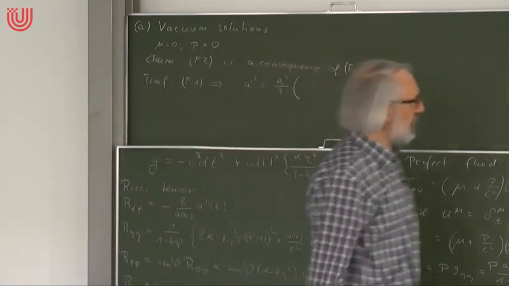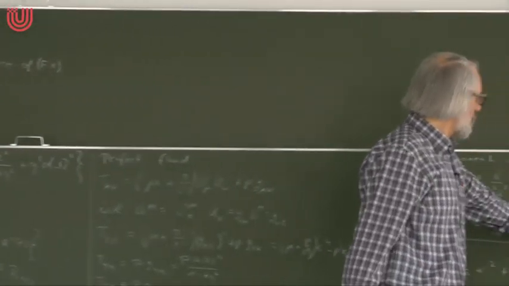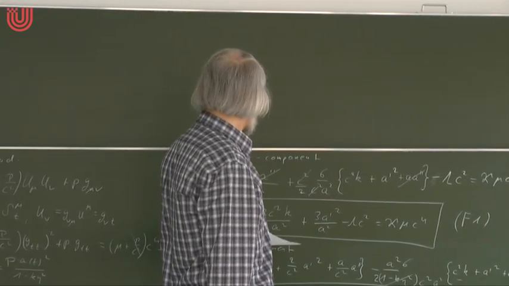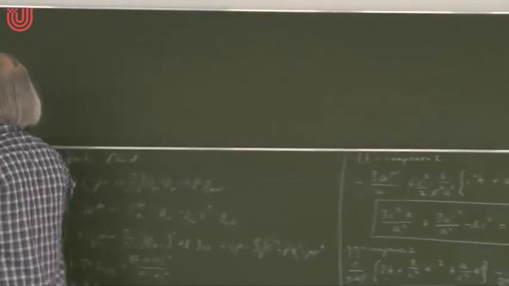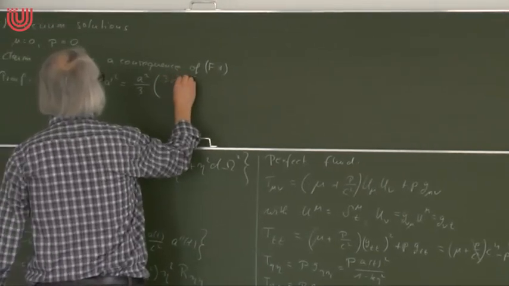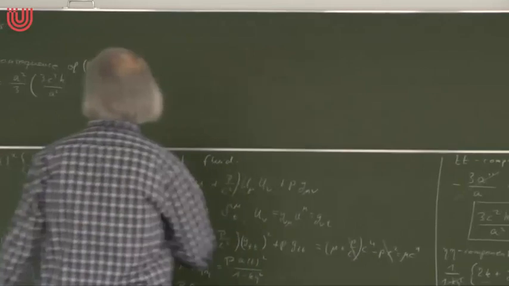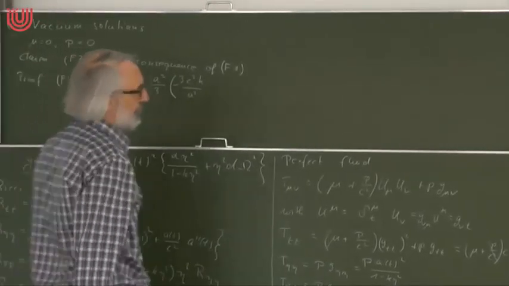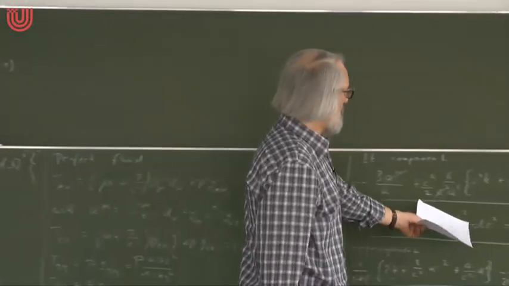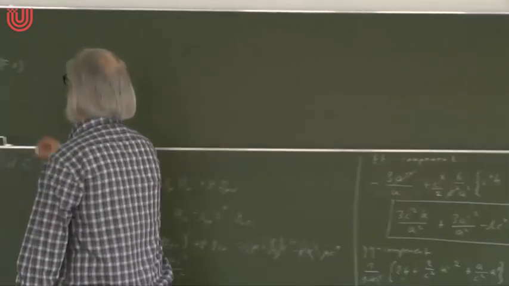And then what do I get on the other side? This is 0, mu is 0. So I get on the other side 3c squared k over a squared, but this comes with a minus sign. I take it to the other side, right? And this becomes a plus lambda c squared.